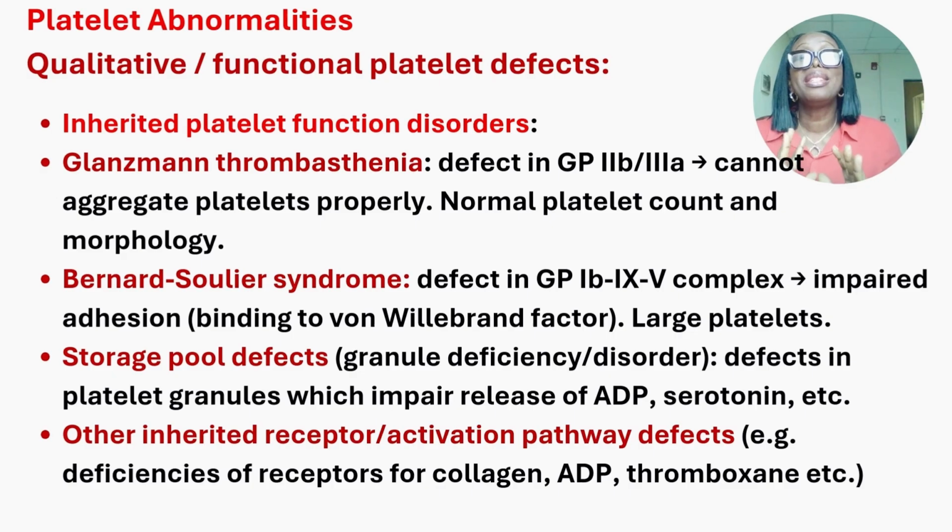If you have the correct number and enough quantity of platelets, and you are able to exert these functions, then you can form what we call a platelet plug that can block the site of injury when there is injury to the blood vessels. Now, there are different qualitative abnormalities of platelets.